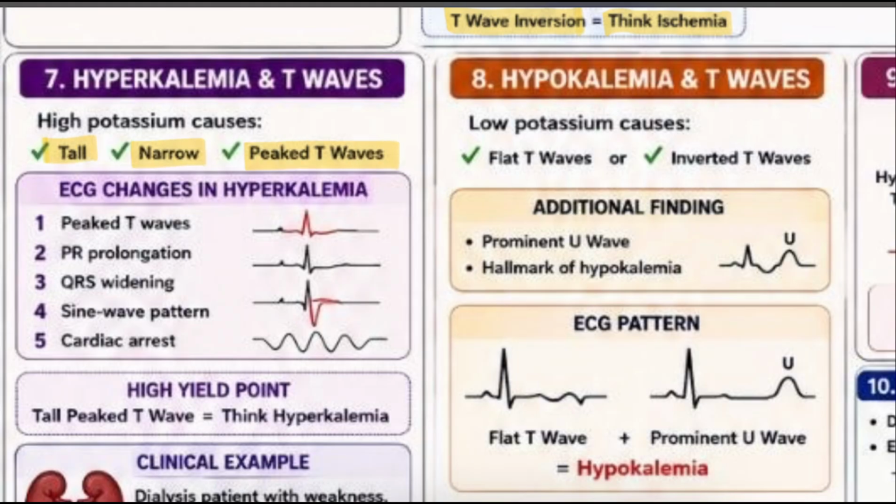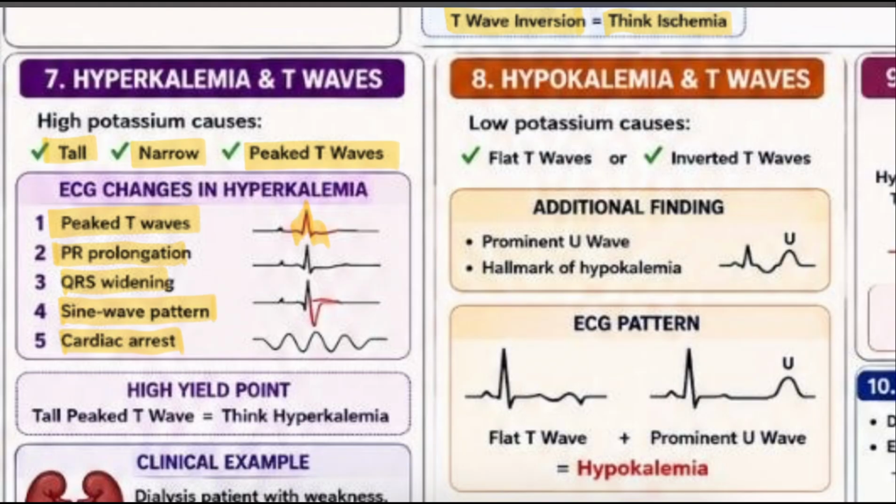You can see this type of peaked structure, then PR prolongation, then QRS widening, where the QRS becomes wide, then a sine wave pattern, and next cardiac arrest. So this is the main high yield point here.